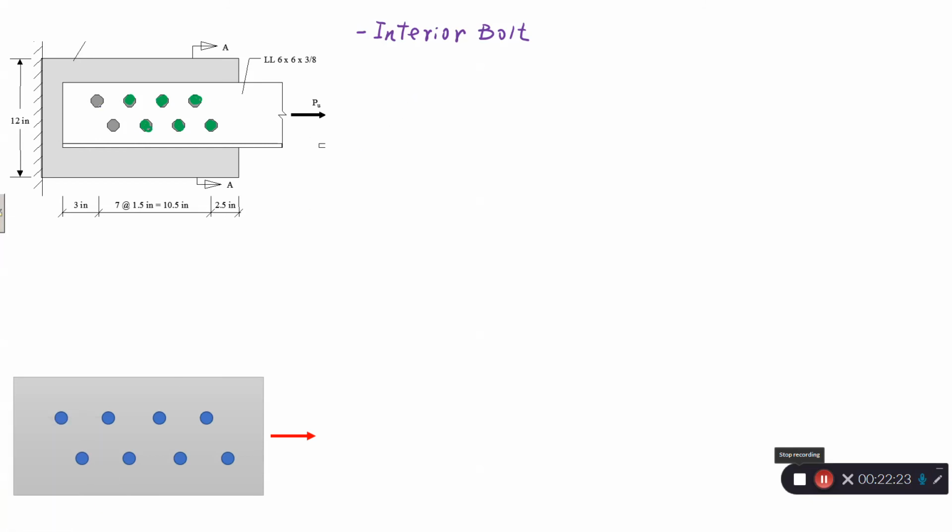And the Lc is the edge to edge distance, right? So Lc is going to be the spacing. So the spacing is 3 inches, minus the bolt diameter plus 1/16, and it's equal to 2.06 inches. And still greater than 2d. So still bearing controls.